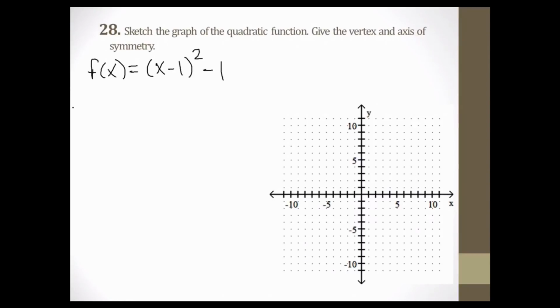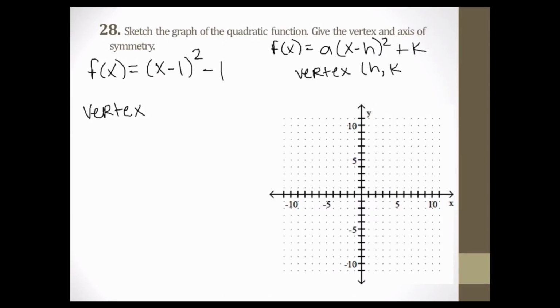So f of x equals a times (x minus h) squared plus k. The vertex we get from h and k. But you want to change the sign of h and keep the sign of k because it's minus h. So I always say change the h, keep the k. That's my little phrase that I use when I'm teaching this.